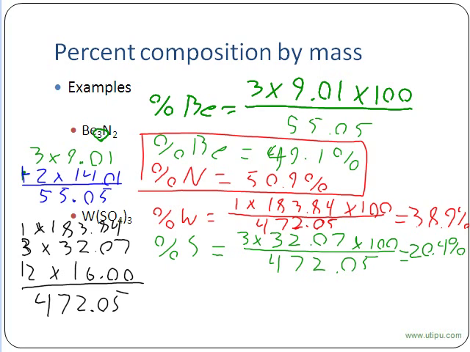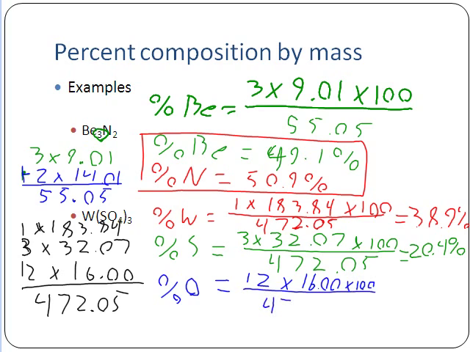Our very last one is oxygen. To find percent oxygen, we could just add those 2 we had before and subtract from 100. But let's go through this one and use it as a double check. We have 12 oxygens total, and oxygen has a mass of 16.00, times 100 to get into percent again, divided by the total mass, 472.05.